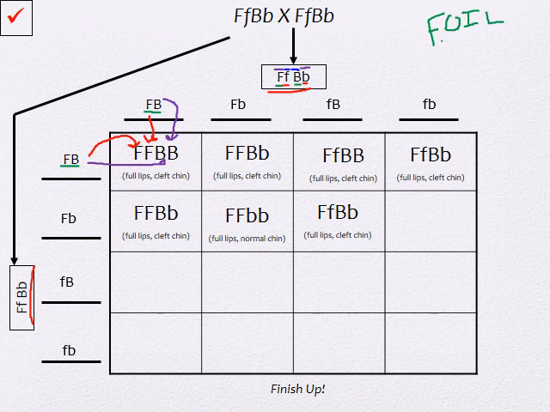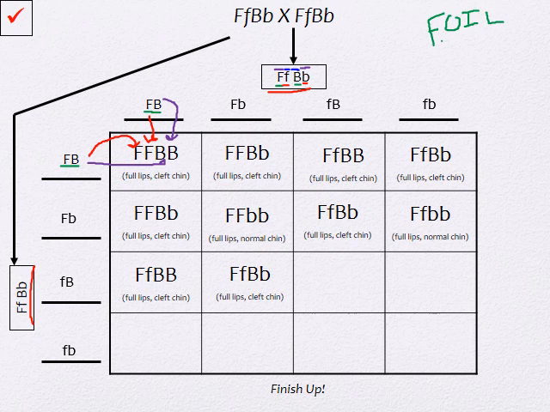Our next one up, big F, big B, little b, resulting in full lips and a clefted chin. After that, our next one, big F, little b, giving us full lips and a normal chin. So there's another normal chin. For the third row, we've got big F, big B, little b, big B, giving us full lips and a clefted chin.